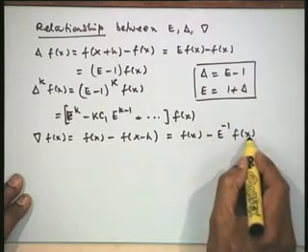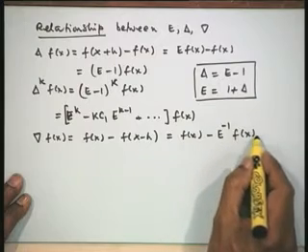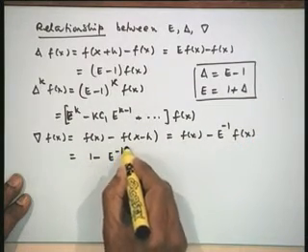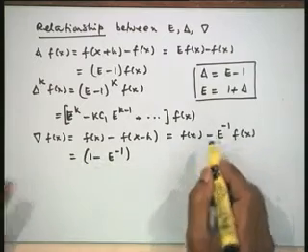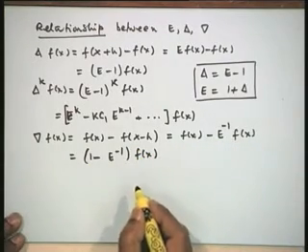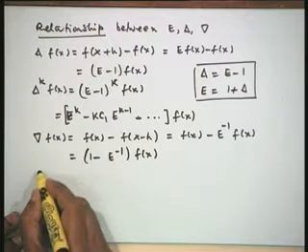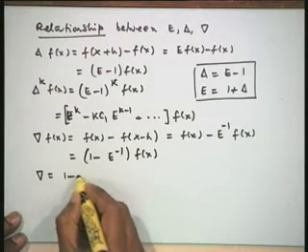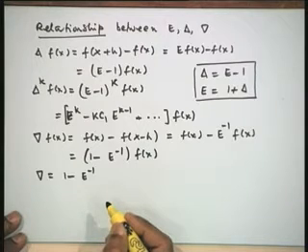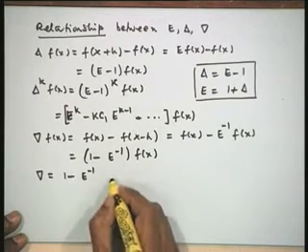So, E^(−1) f(x) will be f(x − h). Therefore, this is 1 − E^(−1), taking E^(−1) as the inverse operator, acting on f(x). Therefore, our ∇ is 1 − E^(−1).